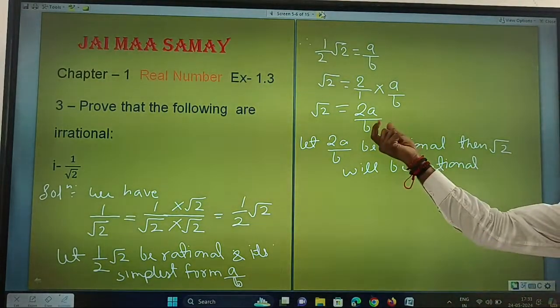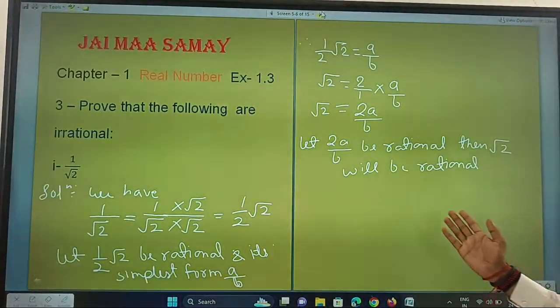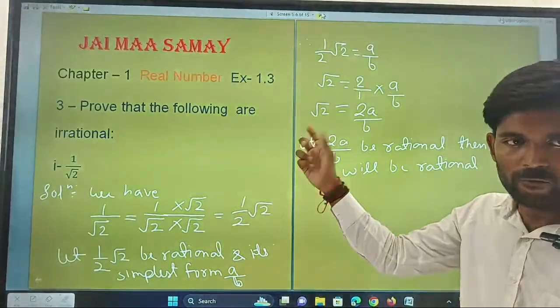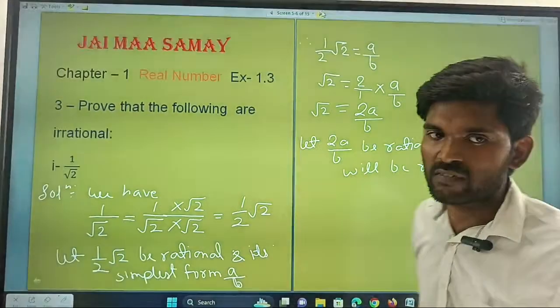Clear? If this side is rational, then that side is also rational. Means if the right side is rational, then the left side will also be rational. But this is irrational. How is this irrational? This is not a perfect square.